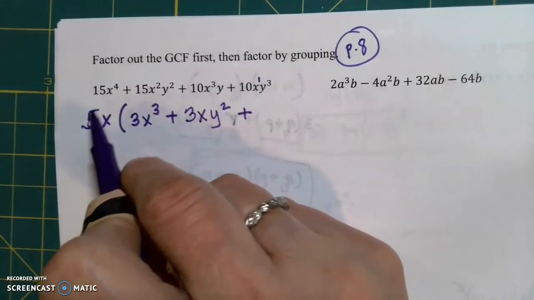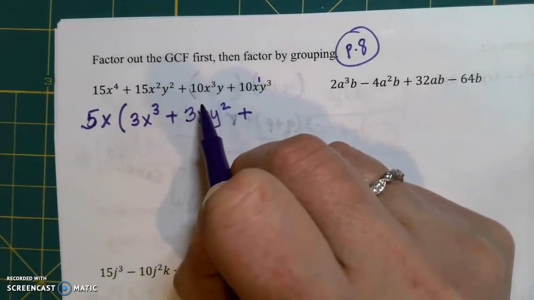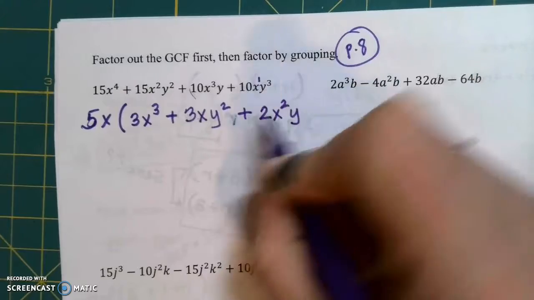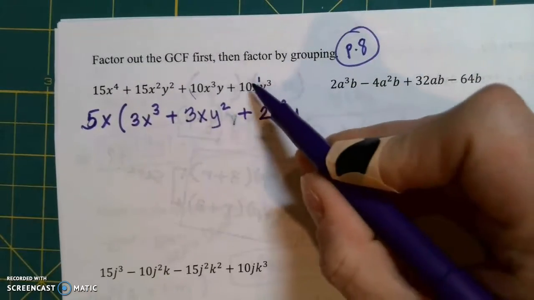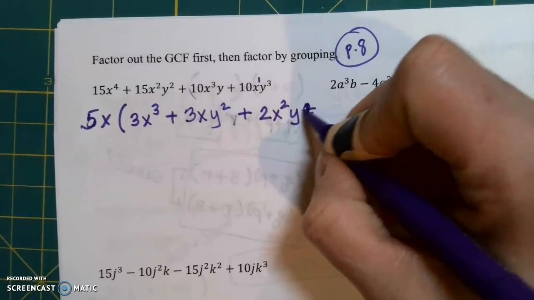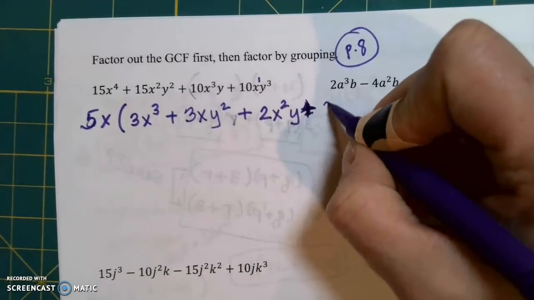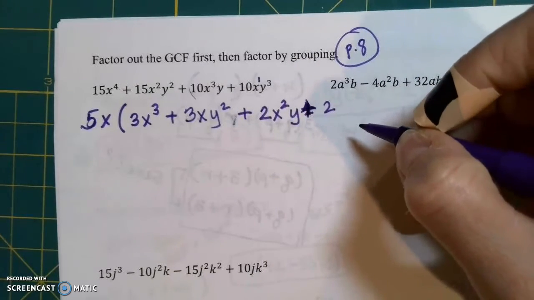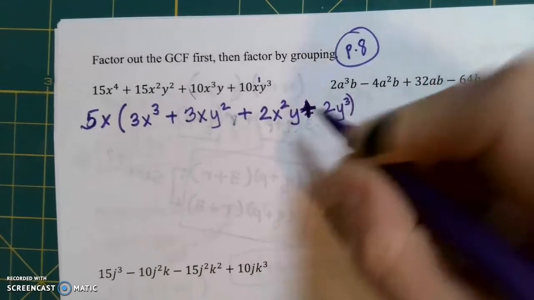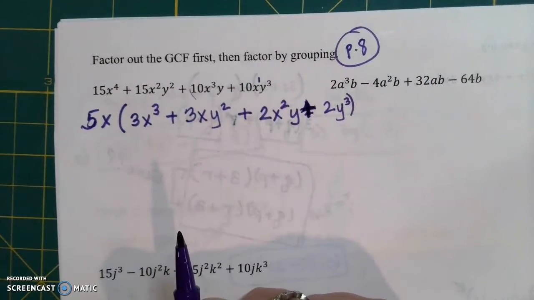And the next one, 5x times what gets me to 10x cubed? So that'll be a 2x squared y. And then I'll put the addition symbol in there first, and 5x times what gets me to 10x y cubed? So that would be 2y cubed. There's only one x there, so that got pulled out completely.